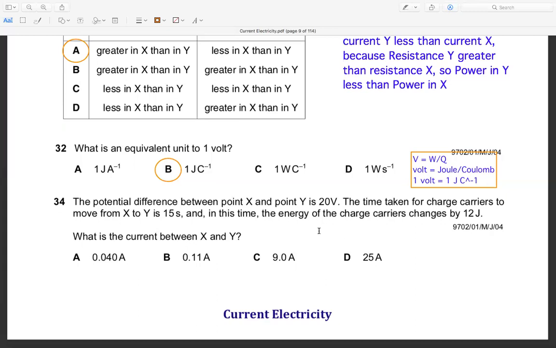Okay. We use this formula to find charge first.